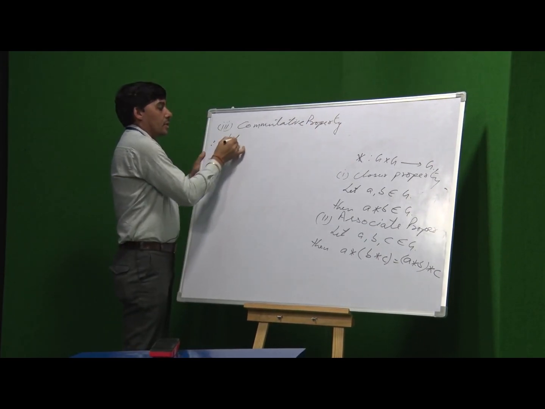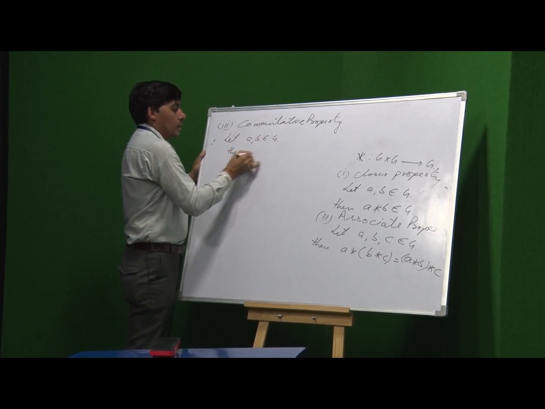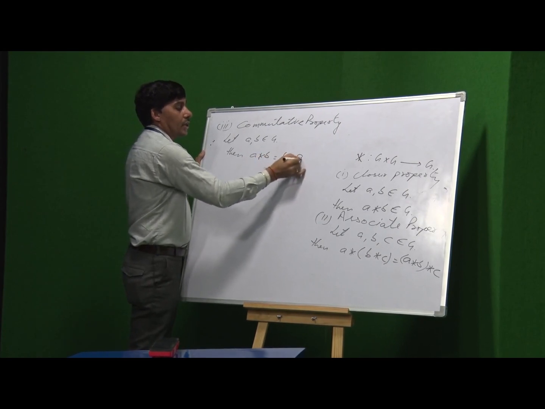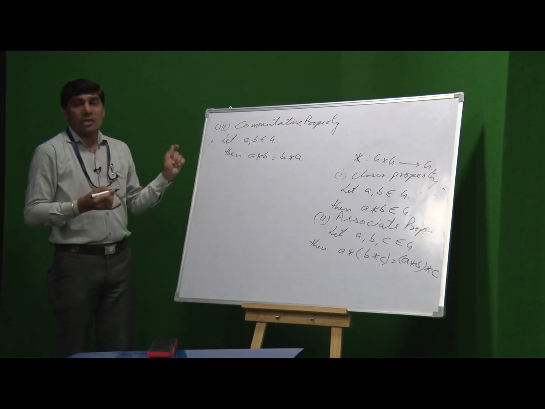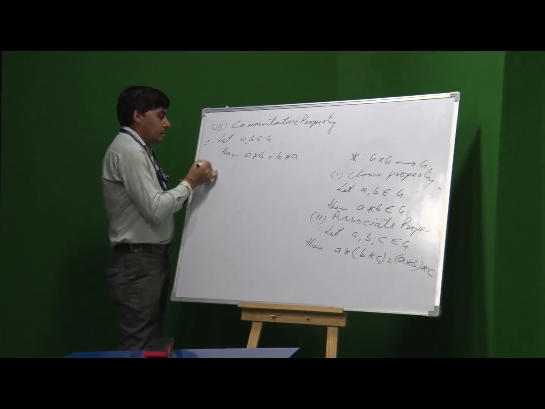Let A, B belong to G, then A star B is equal to B star A, and then this star satisfies the commutative property.